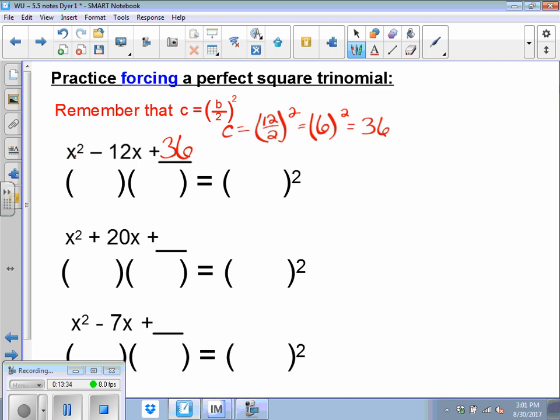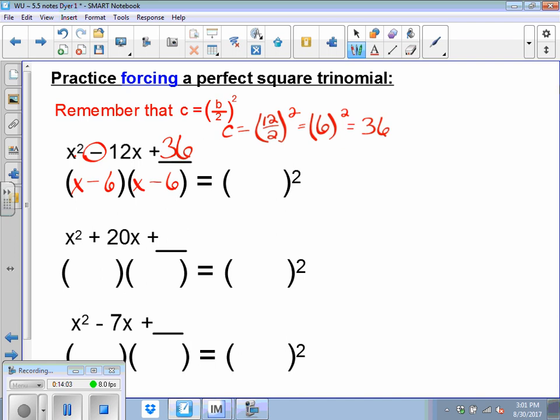Now, when I multiply my first terms, they have to equal this, right? So what do these have to be? X and X, right? When I multiply my last terms, they have to equal my last term. And we want them to be the same because we just made that happen. So what is that? Okay, so 6 and 6. This sign right here tells you both of these have to be negative.